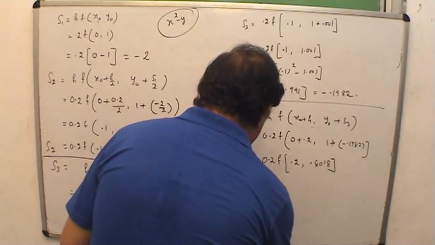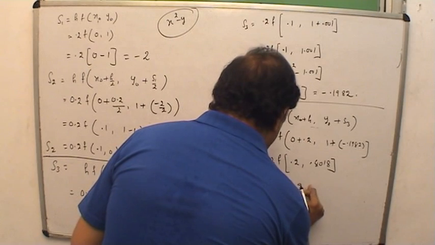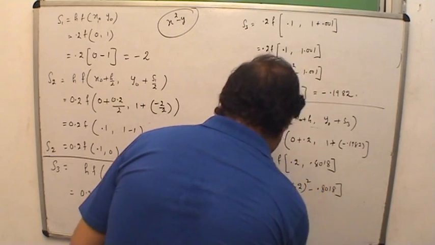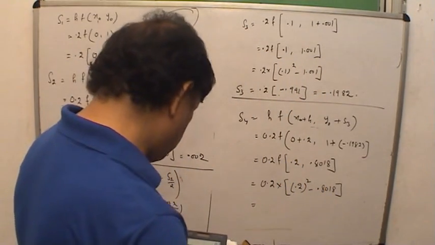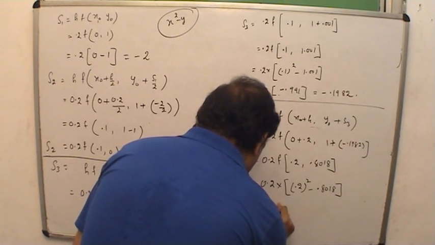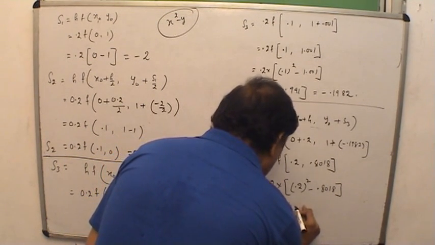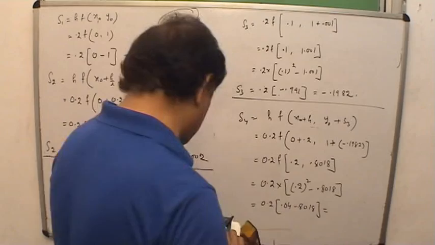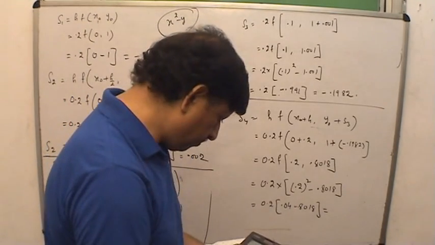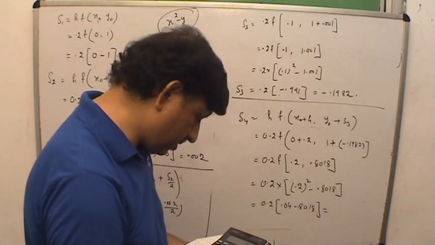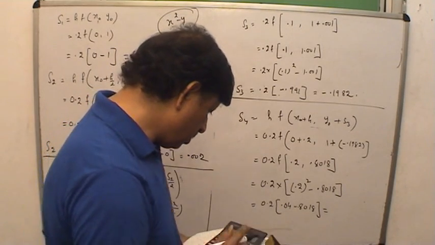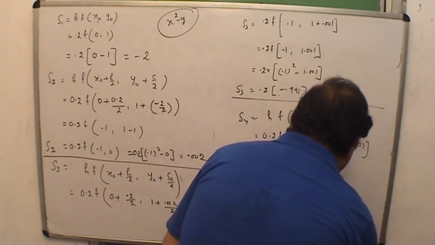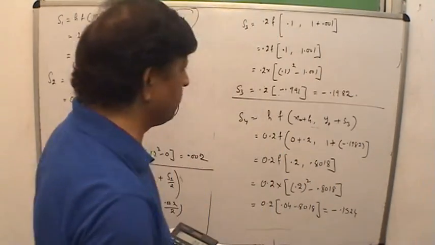That is equal to 0.2 into 0.2 squared minus 0.8018, that is 0.2 into 0.04 minus 0.8018, and that's going to be equal to minus 0.8018 into 0.2, that is minus 0.1524. We can round off the values up to the decimal 4th place.